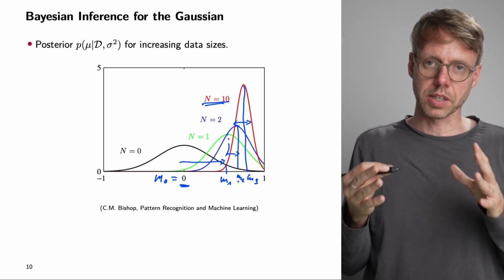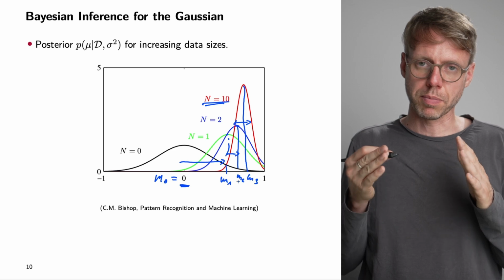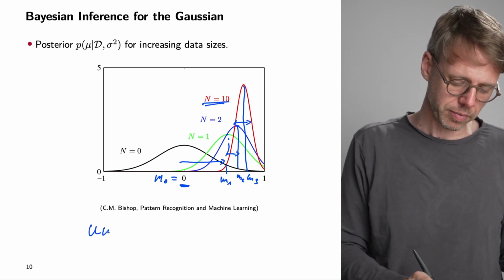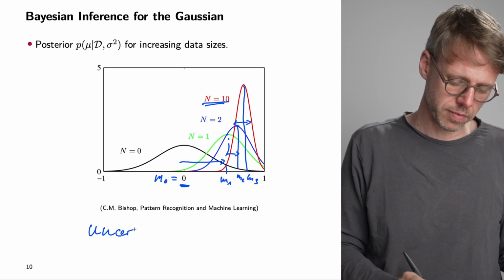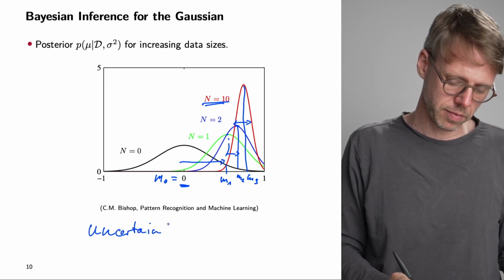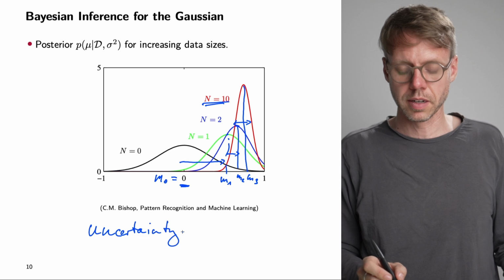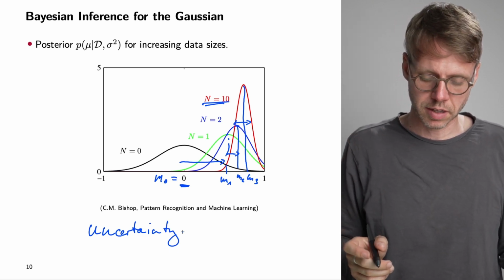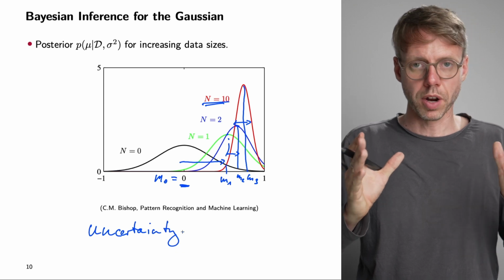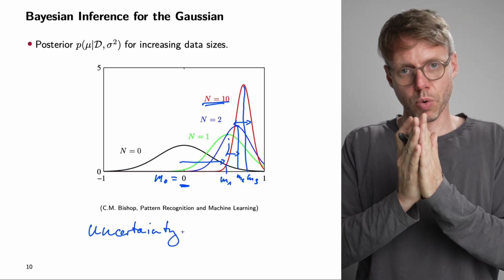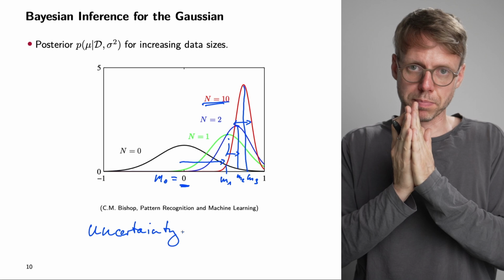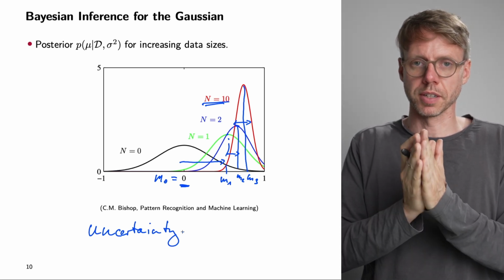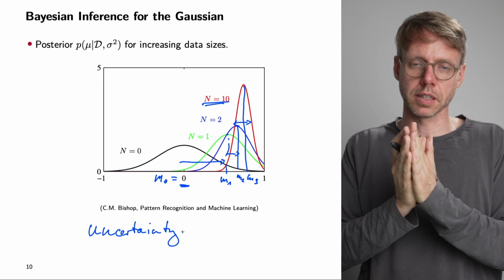The width of this distribution represents our remaining uncertainty in the estimates that we could get. So the more data we get, the more this posterior distribution will peak around a single value, which means that we get more and more certain that this is the correct estimate.